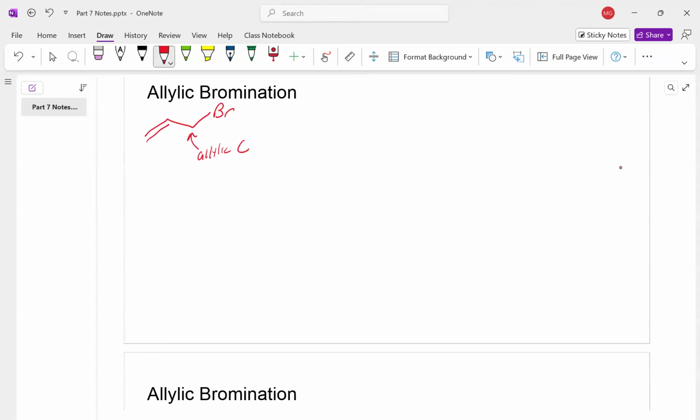Now, there's a slight problem that arises if we try to add bromine to an alkene in the presence of light. So if we try to take this alkene and add bromine to it, because that alkene is there, it's going to do a reaction that we don't want to have happen if we're trying to do a radical halogenation.